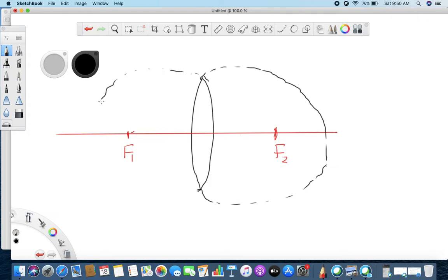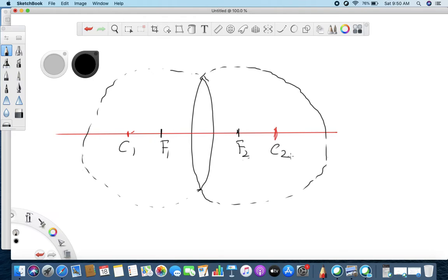So let's say this is your f1 f2, then this is your c1 c2. So it has two centers of curvature.